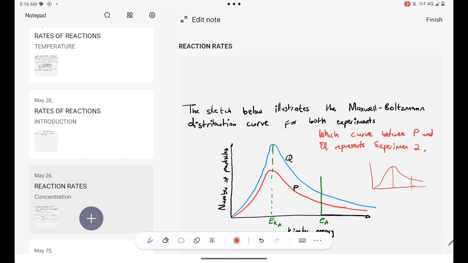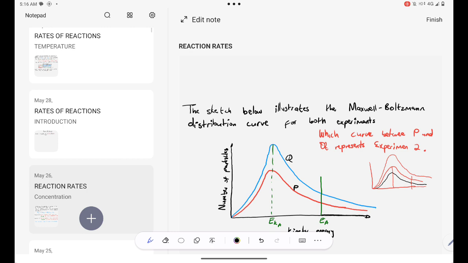Let's say experiment number 2 takes place at a higher temperature. That means your graph will spike a bit there and then progress like that. But if the reaction took place at a lower temperature, it would just be like this over here.